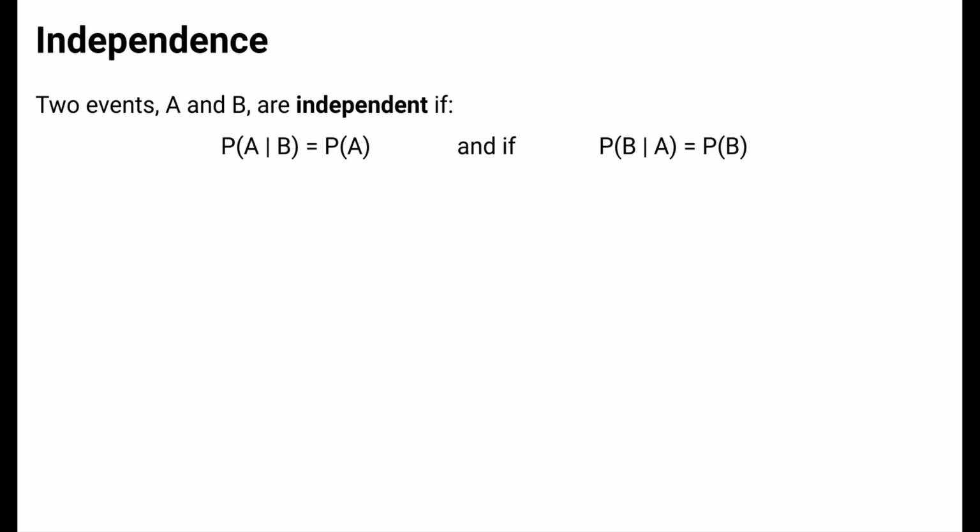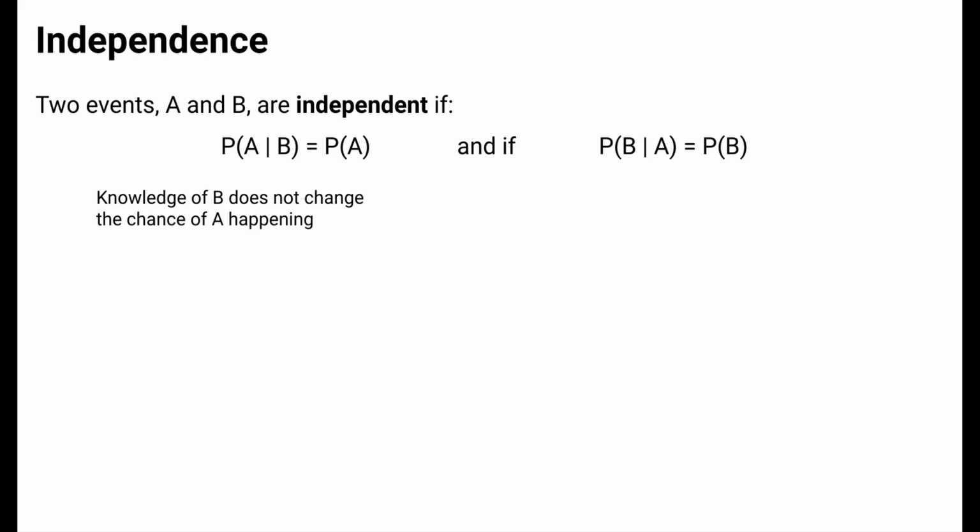Related to the idea of conditional probability is the concept of independence. Two events A and B are independent if the probability of A given B is just equal to the probability of A. And because independence behaves symmetrically, the probability of B given A is just equal to the probability of B. This means that knowledge of B occurring has no bearing on the chance that A happens.